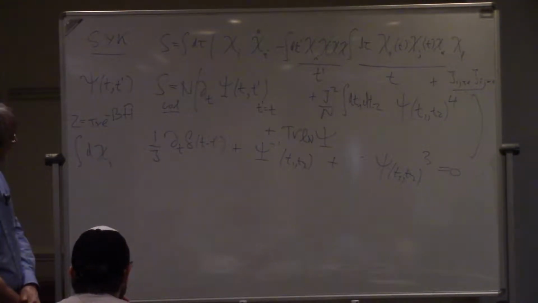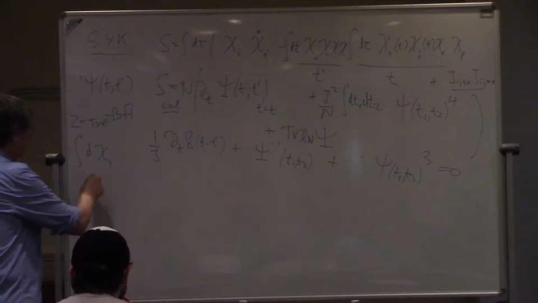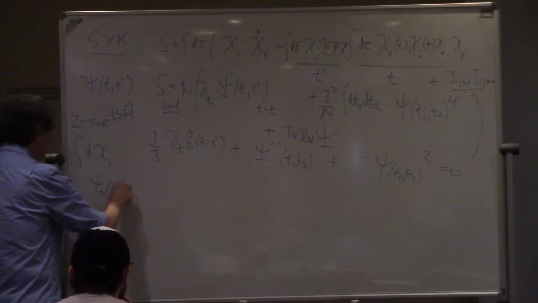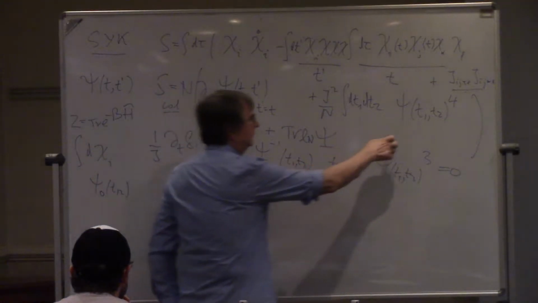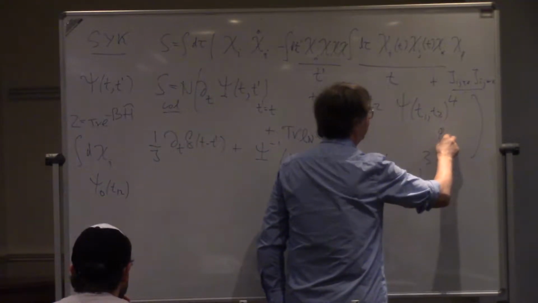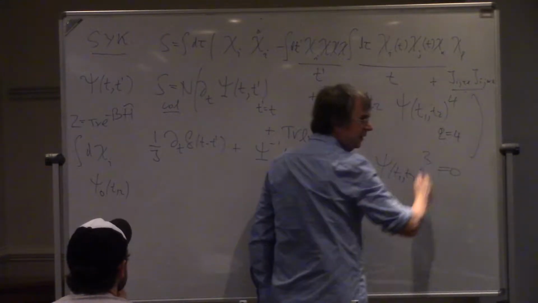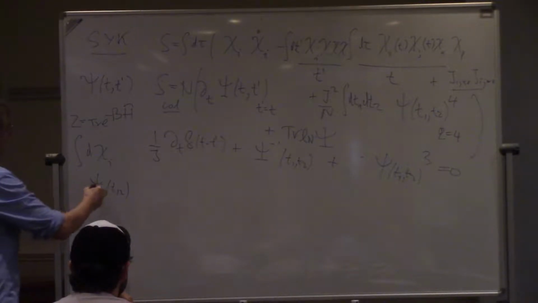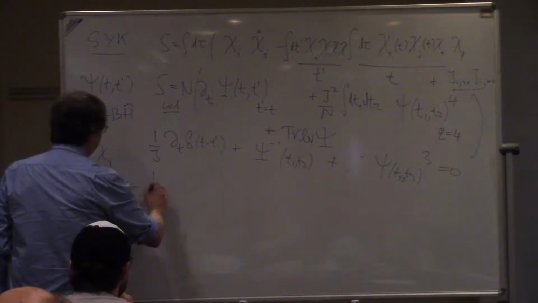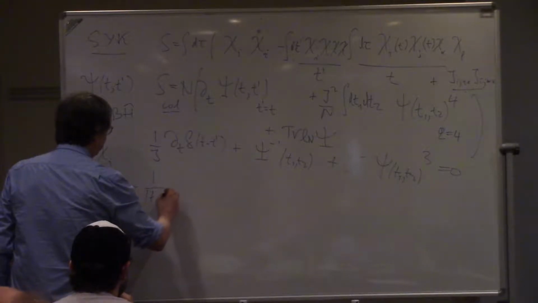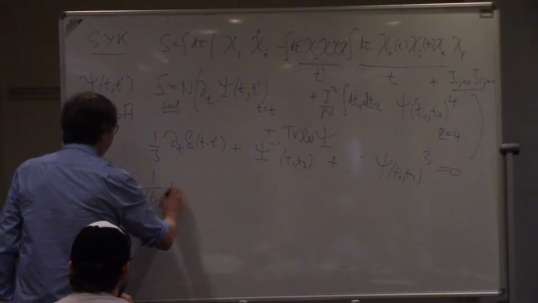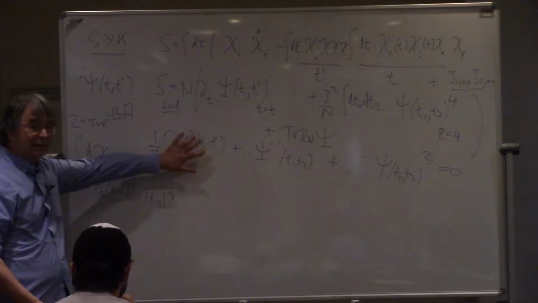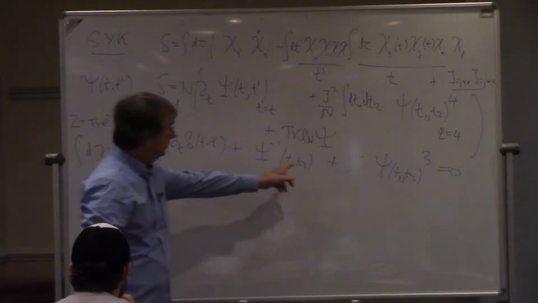And when J is infinite, you will find psi 0 of t1, t2, which in this case, this is an example of q equal 4, and that can be generalized to other q's, a sequence of SYK models. But this will be just 1 over t12 to the power 1/2. So it's very simple in the scaling limit when you have dropped that term. That will solve this thing.